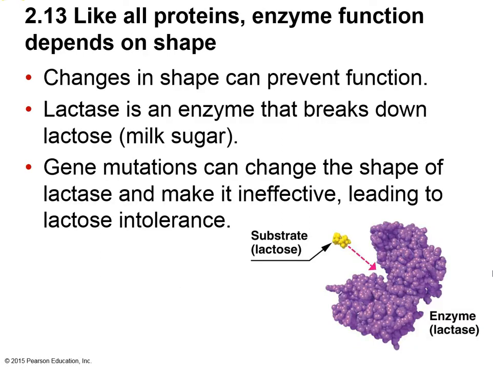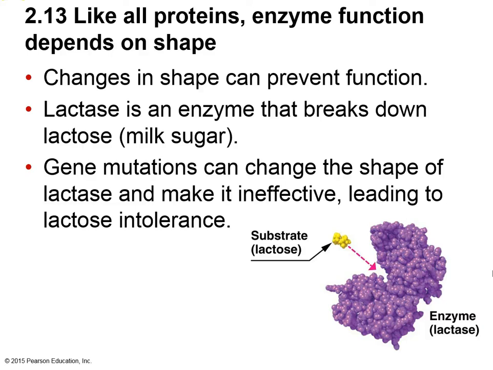So, like all other proteins that we've talked about, form fits function, right? So the function of the enzyme depends on the shape that it takes on. And if we see a change in the shape of that enzyme, it can change the function or prevent the function of the enzyme. So we know that lactase, we've just used in our examples, is an enzyme that breaks down lactose or milk sugar.